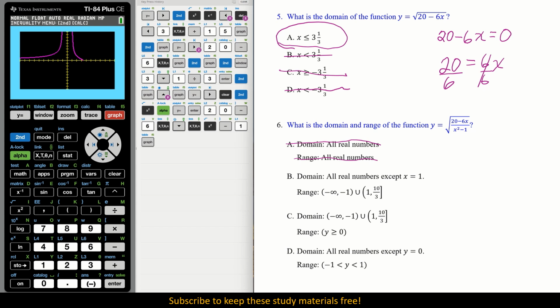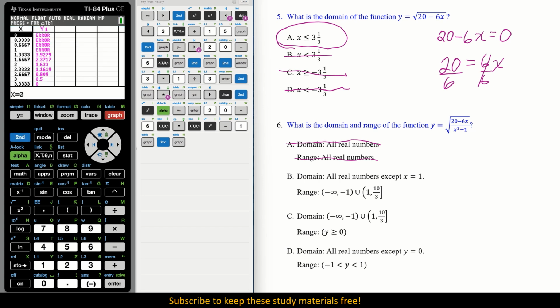And the graph is interesting, and I'm looking right here. I'm wondering if that actually visually is correct. So I'm going to go ahead. Before I move on with my options, let's say second table.